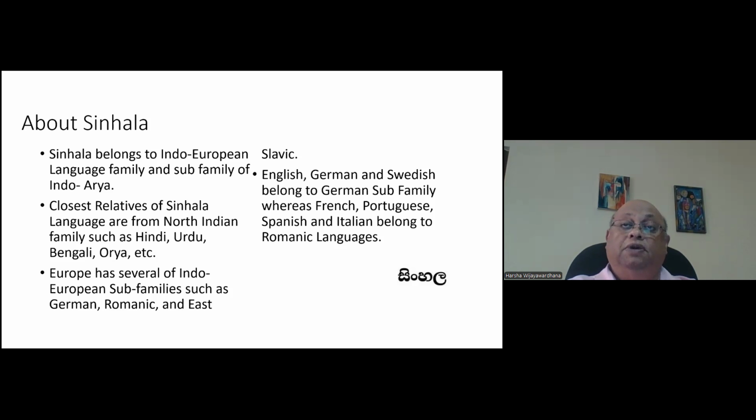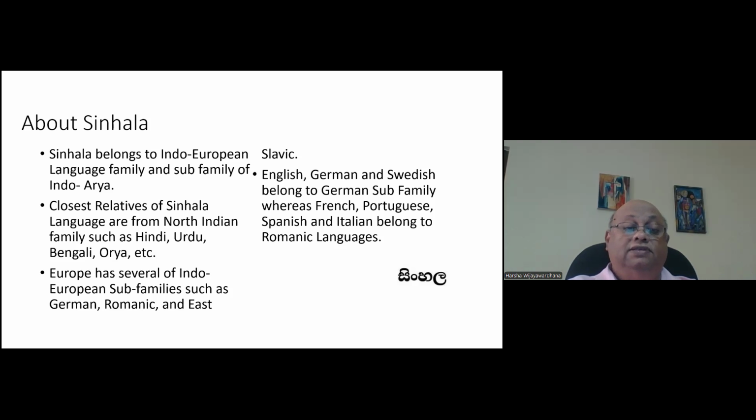But in this part of the world, we have only one subfamily, which is Indo-Aryan, and Persian also comes under the Indo-Aryan subfamily. The closest relatives of the Sinhala language and script, especially the language, are the northern Indian families, such as Hindi, Urdu, Bengali, Oriya, etc.